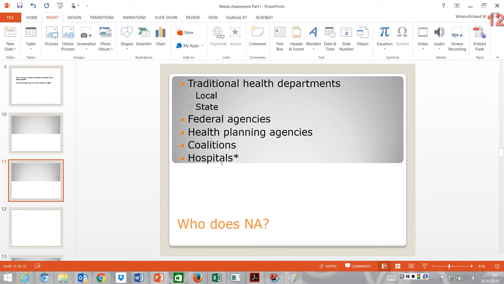Recently, hospitals have begun doing needs assessment projects driven by the Affordable Care Act. They are now mandated to do an assessment and then try to demonstrate how they are addressing the needs that they uncover in the process of examining their community.